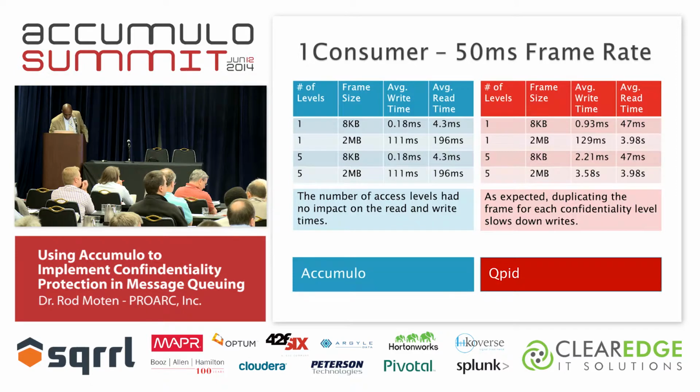If you look at these results, you notice obviously that the access levels do not impact the read and write times for Accumulo, but they do impact them for QPid, because there are multiple copies. What was interesting was that you expect the write time to increase 5 times more for 5 access levels than for 1, but that's not the case.